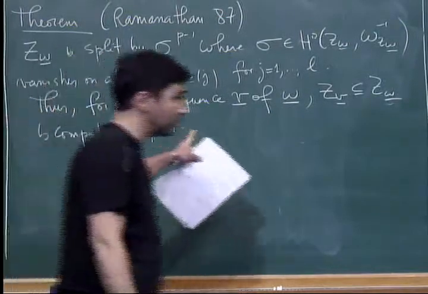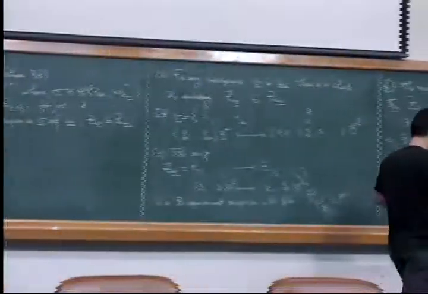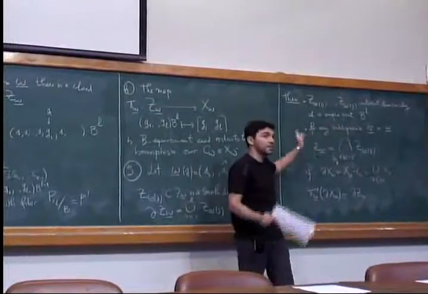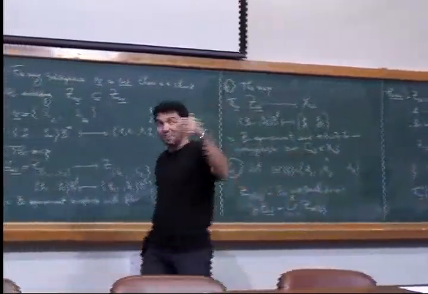This last statement follows from the fact that Z omega can be described as an intersection, and the lemma on the first day.